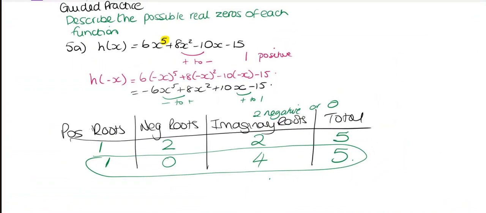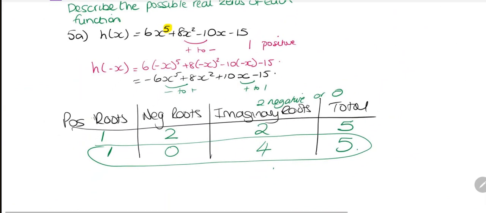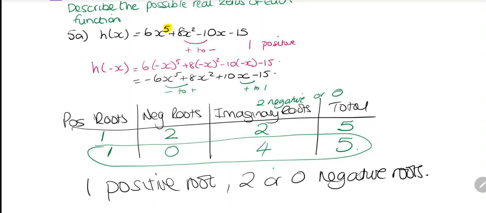To answer this question, describe the possible real zeros of the function: we can say there's going to be 1 positive real zero or real root, and there can be 2 or 0 negative roots or zeros.